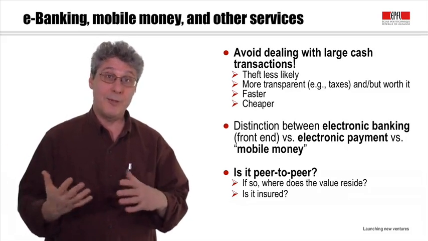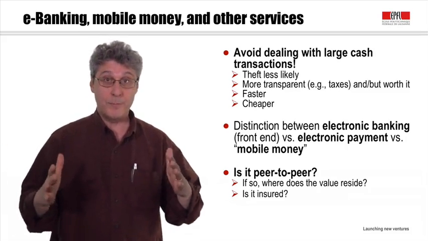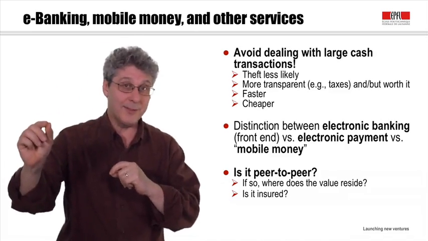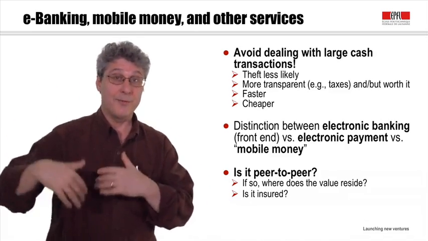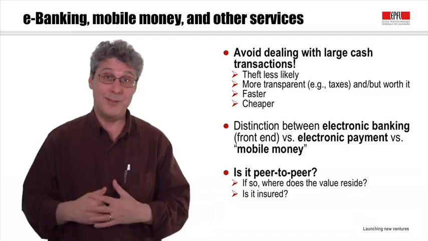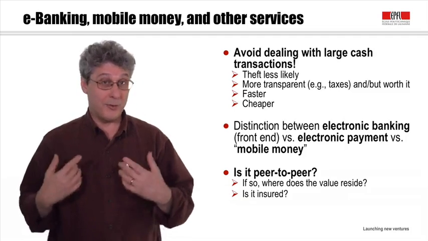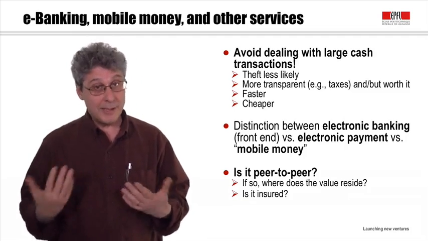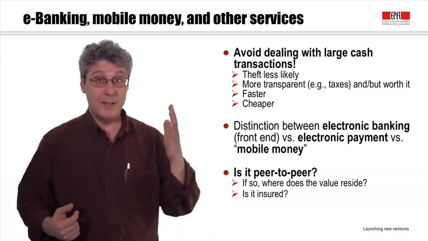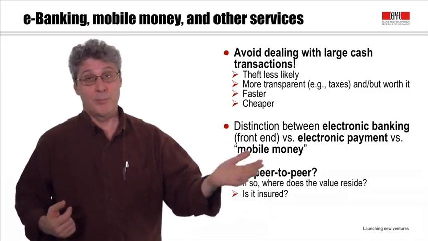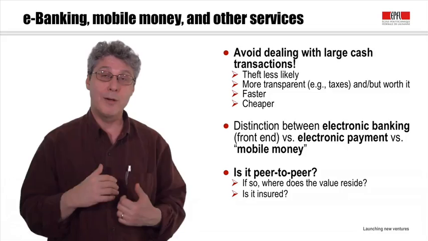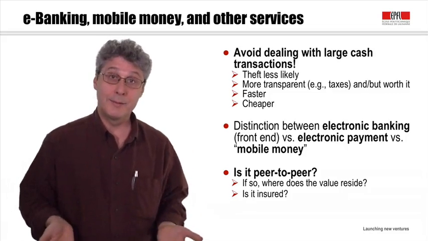So you have to ask yourself, when you're thinking these things through, where does the value reside? Is it in a chip on the card, or is it in the cloud someplace? If it's in the cloud, then you have to have connectivity to be able to send and receive money. It also raises the question about insurance. In many countries, the bank accounts are insured, which means if the bank goes out of business, the government promises to pay usually some maximum amount to all the depositors, to pay them back.